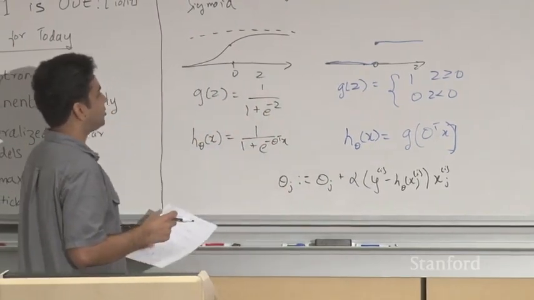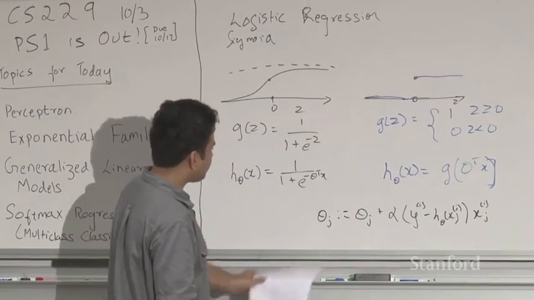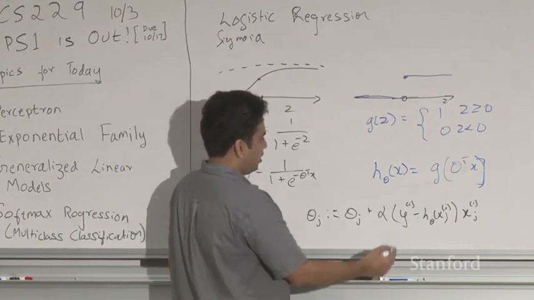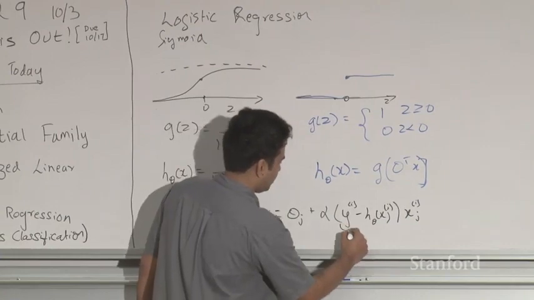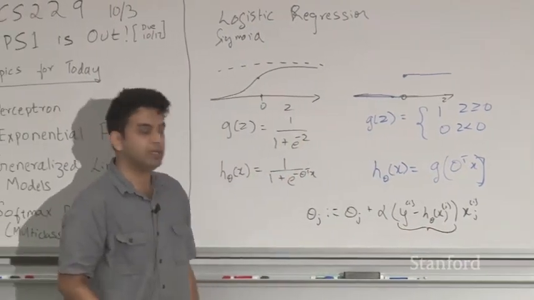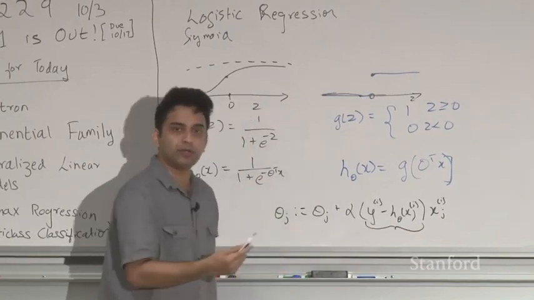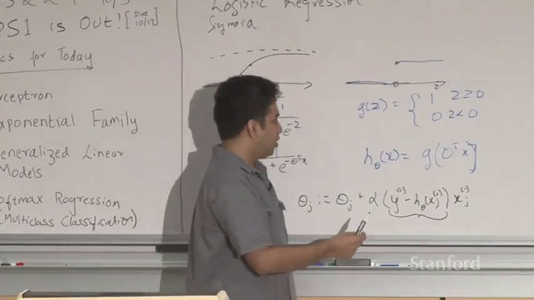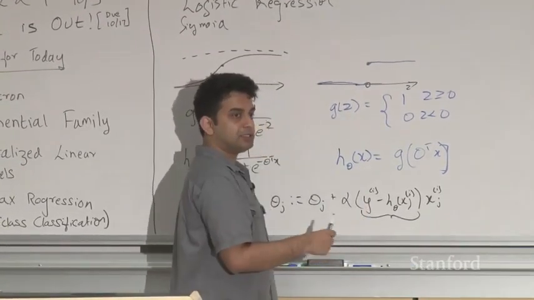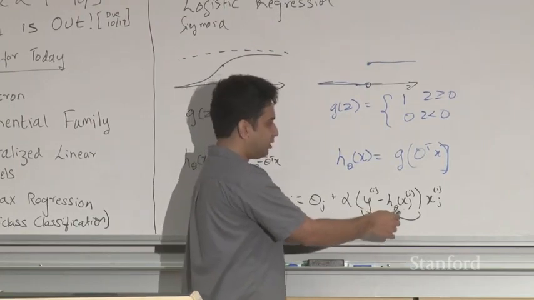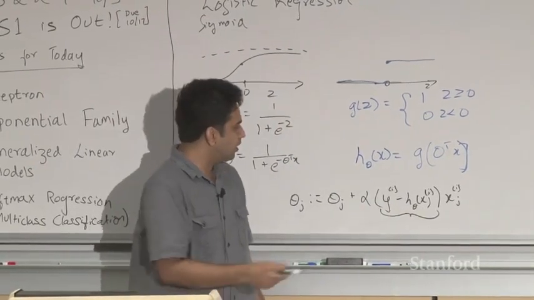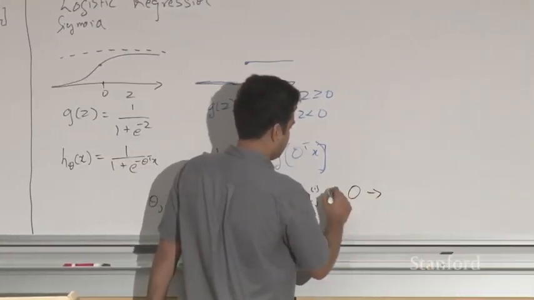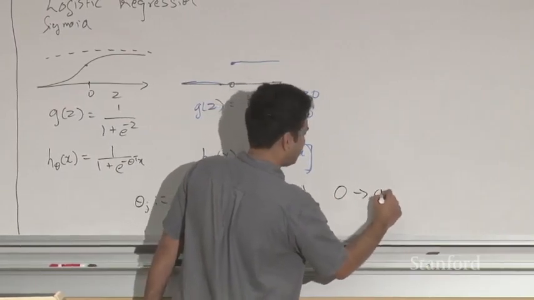So what's happening here? If you inspect this equation to get a better sense of what's happening in the perceptron algorithm, this quantity over here is a scalar. It's the difference between yi, which can be either 0 or 1, and h theta of xi, which can either be 0 or 1. So when the algorithm makes a prediction of h theta of xi for a given xi, this quantity will be 0 if the algorithm got it right already.